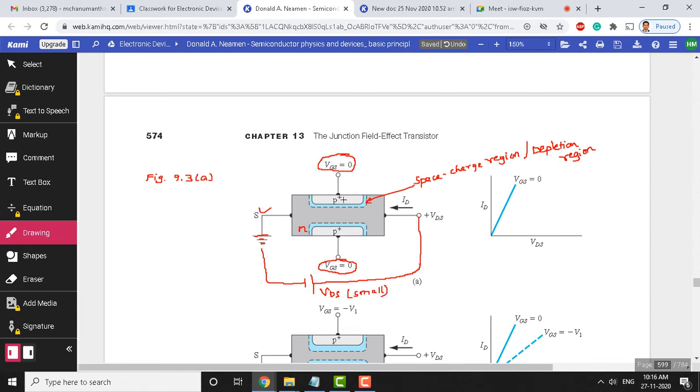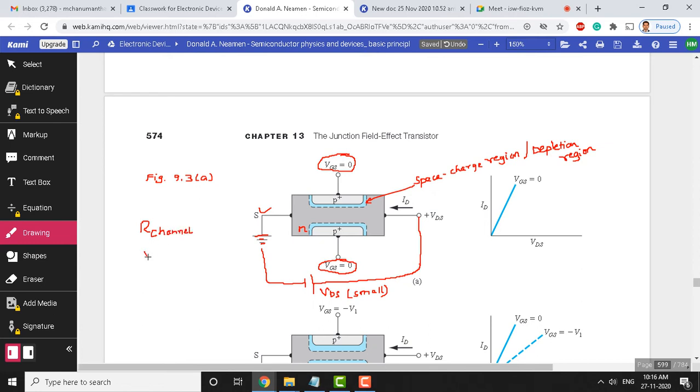Now, what happens to the channel conductance or resistance with this condition? I want to know from your side what will happen to the resistance within the channel for this condition.